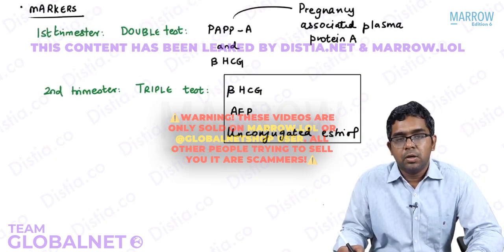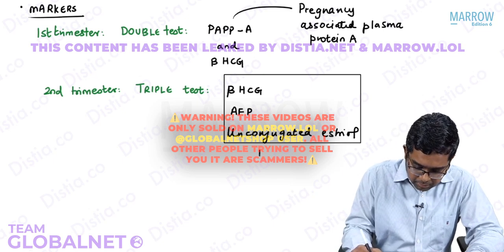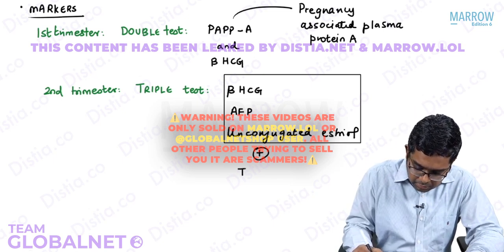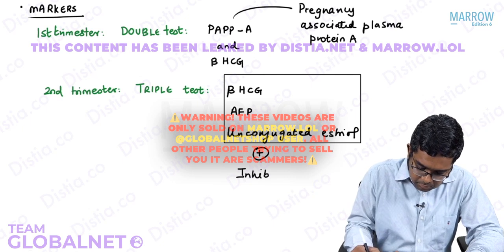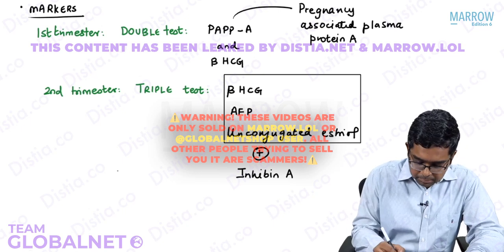The combination of these three is what we call a triple test. In the second trimester again, if you combine these three markers along with inhibin A, you will get 4 markers, and that would be called the quadruple test.